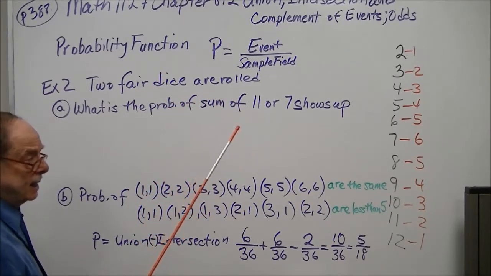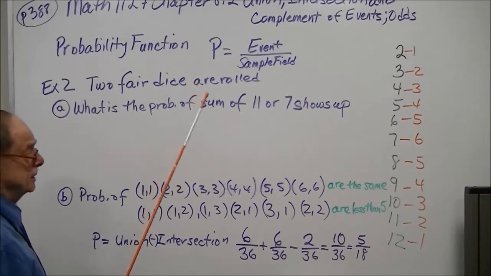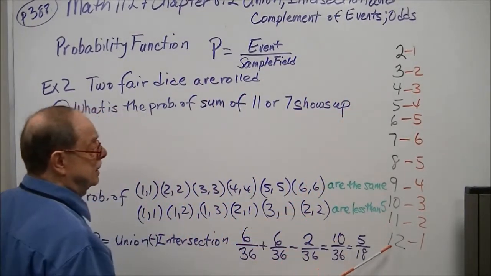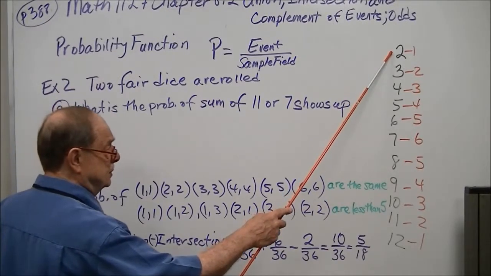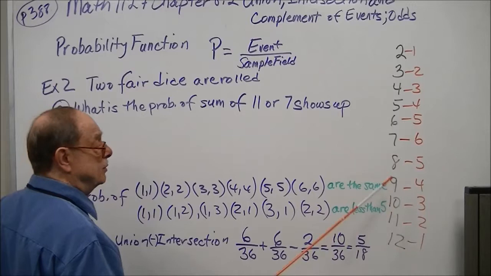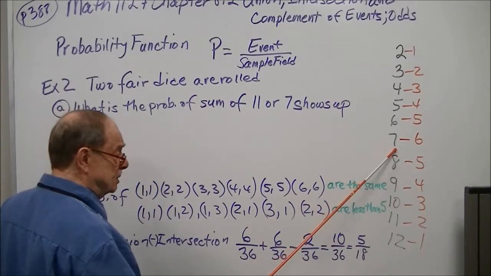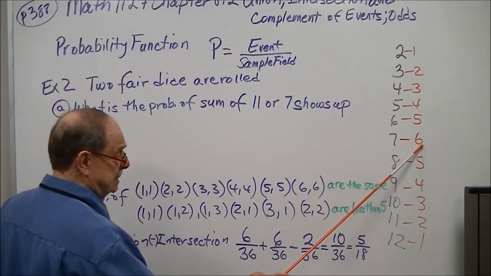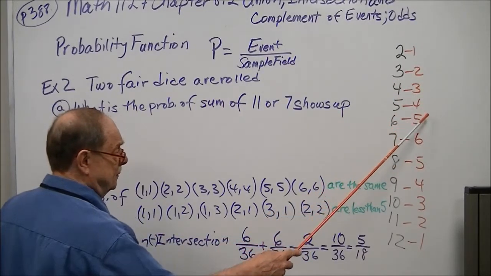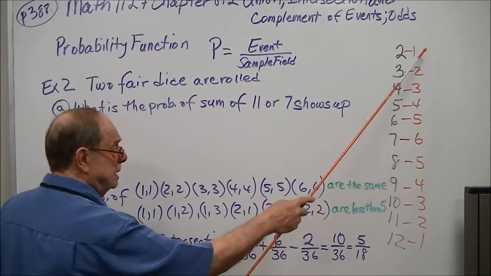And a hint I gave you, because you probably won't remember this, is to make a little chart like this, where you start with 2, go to 12, and the one that's the greatest possible combination is your 6. So then this was 1, 2, 3, 4, 5, 6.